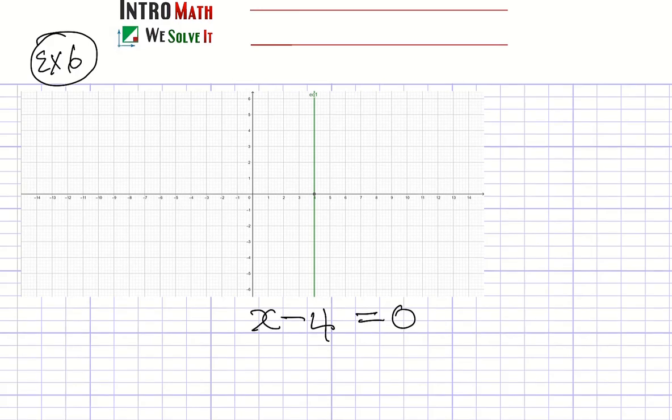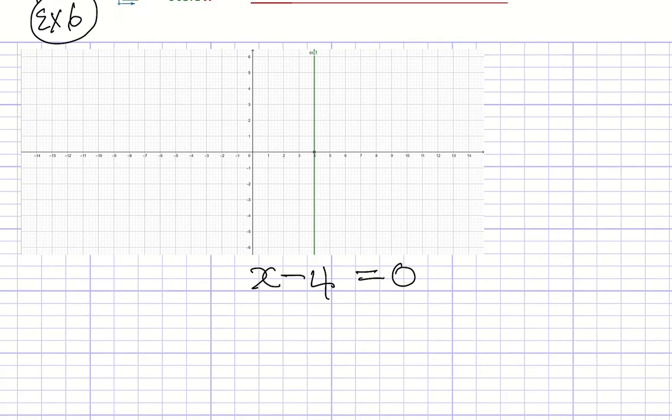So if we proceed as we did in the past, we'll find the x-intercept. For the x-intercept, you set y equal to 0, right? Notice something, there is no y in the equation. That's why you have that graph like that.